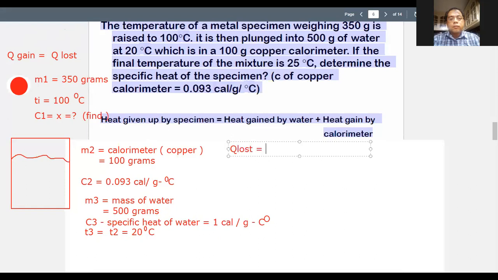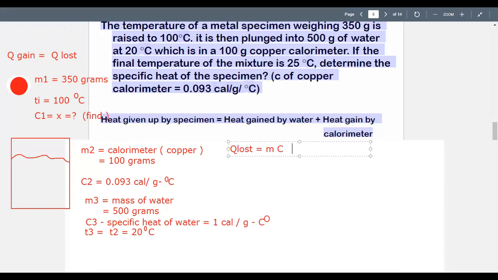will be due to the metal that is at 100 degrees Celsius. The value for heat loss is actually mass times specific heat times its change in temperature.